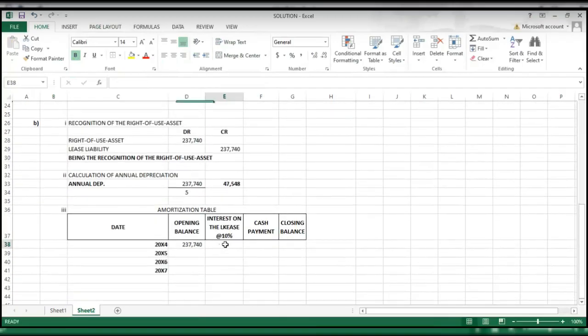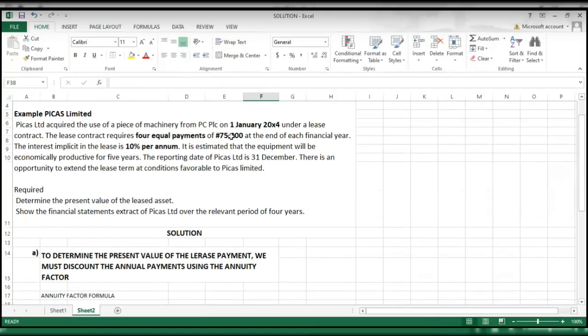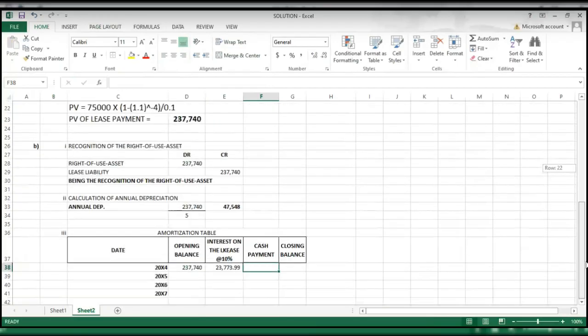So what we're going to be doing is multiplying the opening balance by the interest rate, which is 10%, to determine the annual interest on the lease. Then the cash payment that is done every year, they already gave us in the question. It is 75,000, paid evenly over the 4 years.